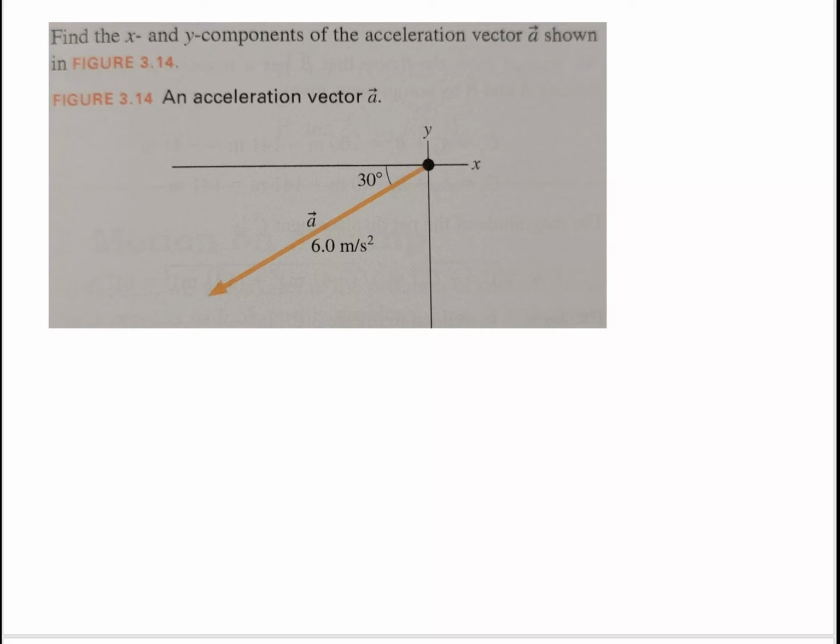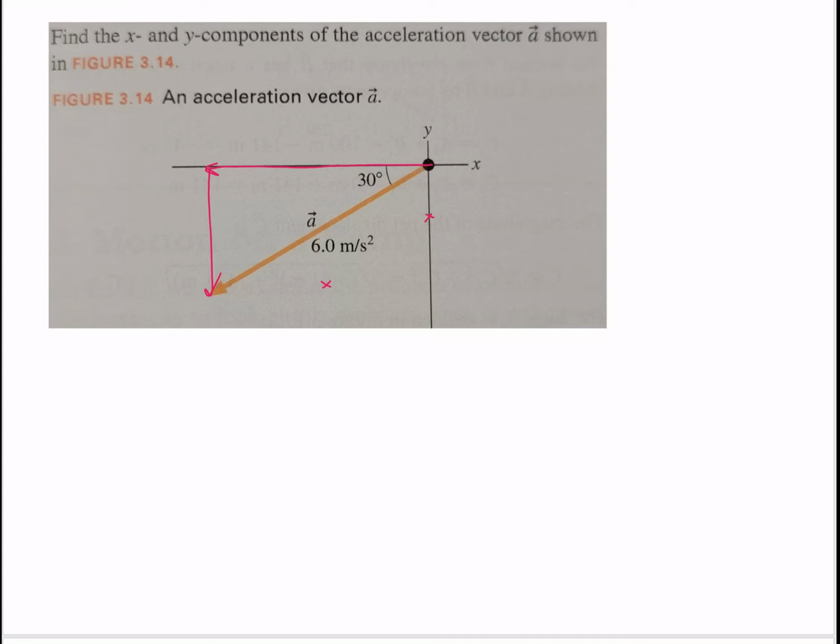Break the vector into components. So we have a y component going down, and an x component going across. It doesn't matter if I drew it the other way. I could have drawn the y component over here and the x component going this way. Either way, it doesn't matter.